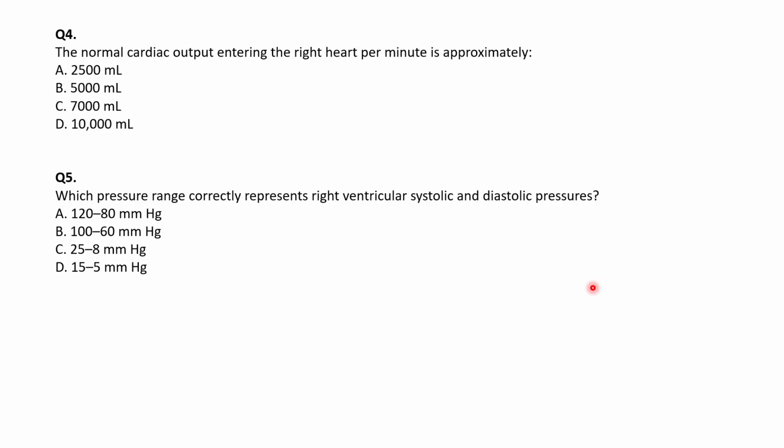So this 120 by 80 mmHg is just talking about your systemic arterial blood pressure and not your actual ventricular pressure. So 120 mmHg is your systolic arterial pressure, the pressure in the aorta or in your larger arteries. It's measured when your left ventricle is contracting, and with left ventricular systolic force, blood rushes into the aorta and the major arteries. And then the 80 mmHg is the diastolic arterial pressure.